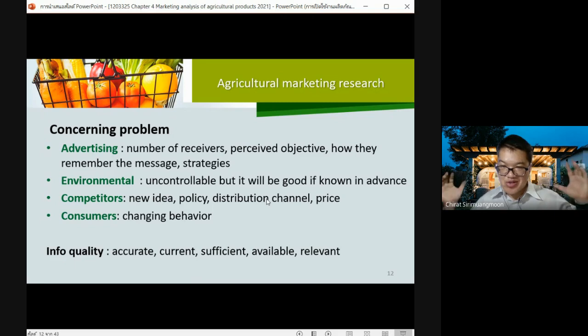From the marketing research, you have lots of data, and you need to ask how accurate the data is, whether this is new or not, whether it is sufficient or you need more data, how it is going to be available, and how it is linked to the market research. So the quality of information is the key part for making the decision as well.